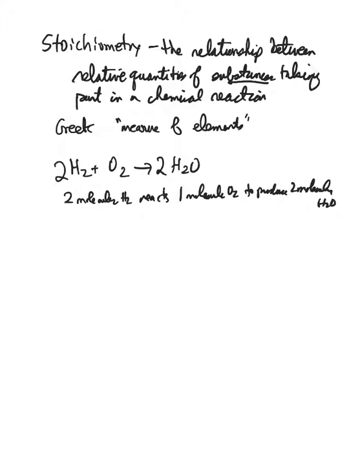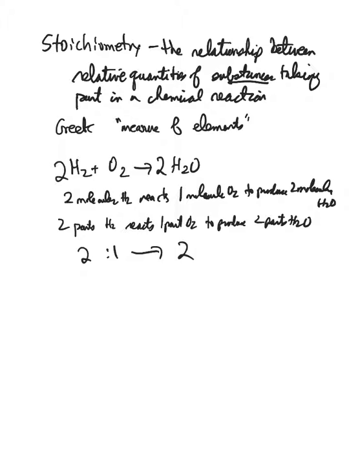That's on the very fundamental level, the smallest amounts that we can have reacting. Another way of saying this would be that 2 parts of hydrogen react with 1 part of oxygen to produce 2 parts of water. The ratio is 2 to 1 to make 2.